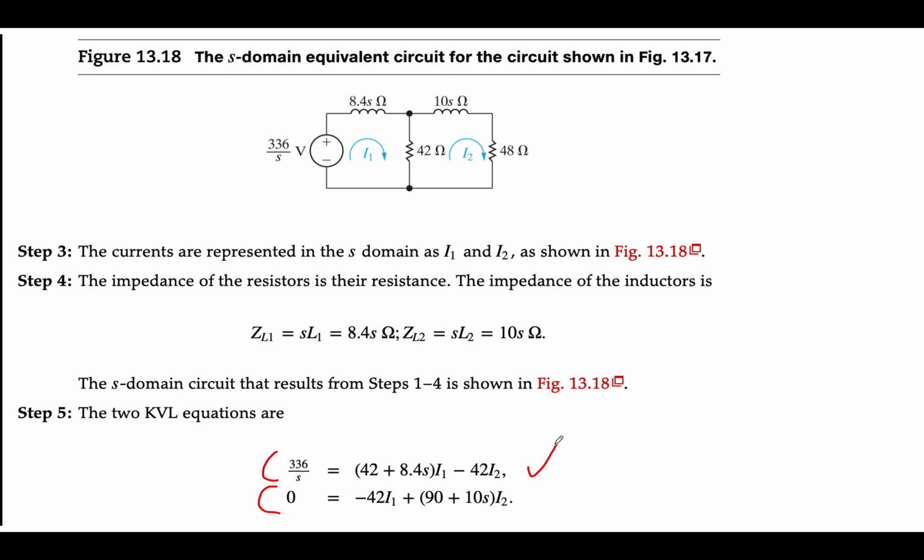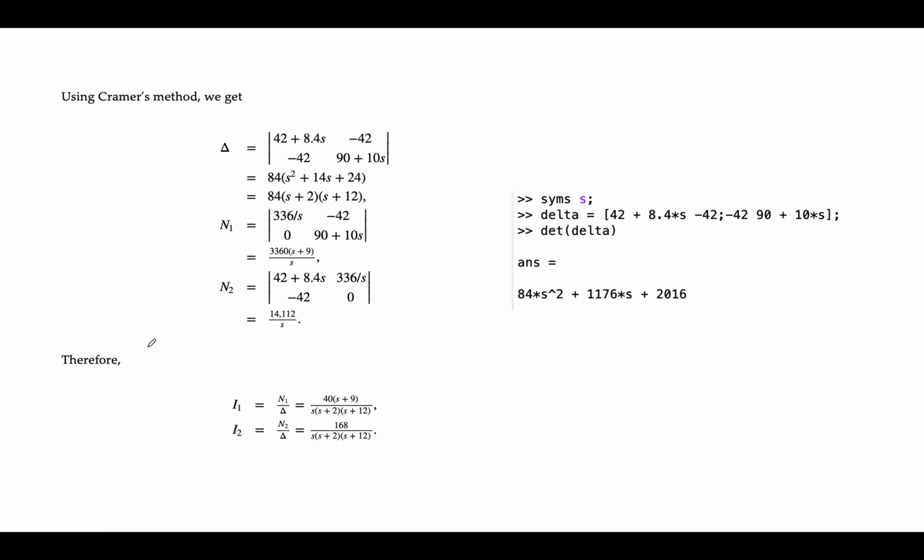Now what we're going to do is place these in matrix form and use Cramer's rule to solve. So here's what delta looks like in matrix form. Remember, that's the coefficient determinant of the equations.